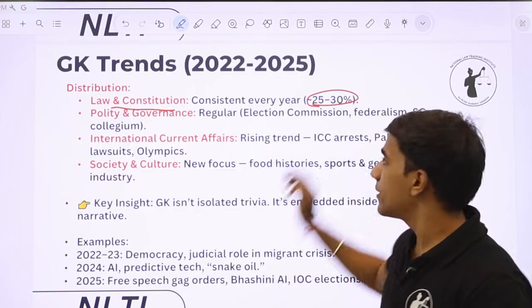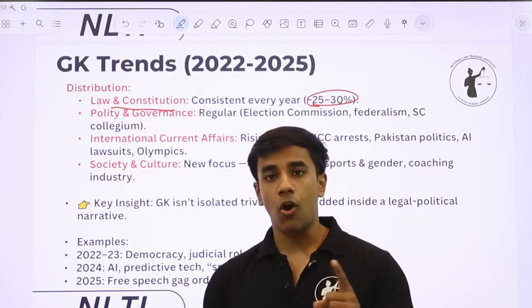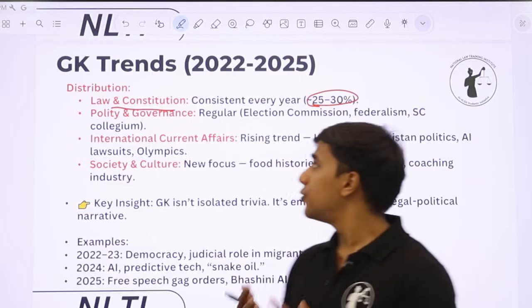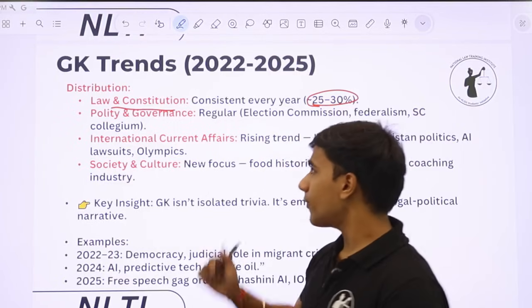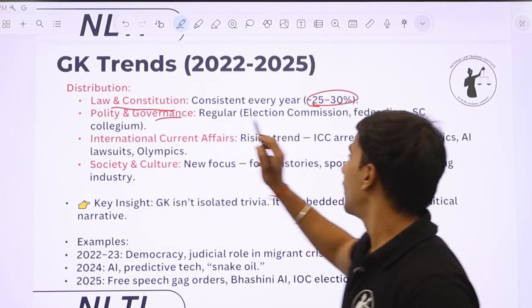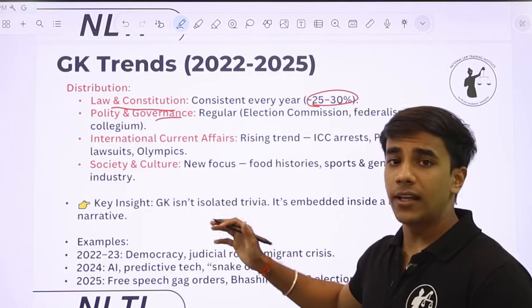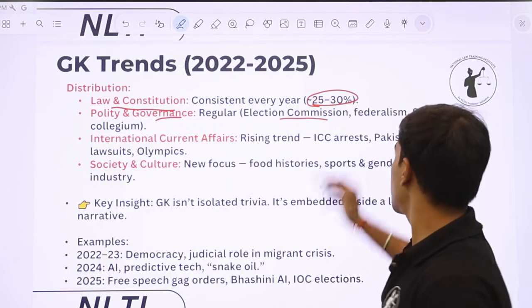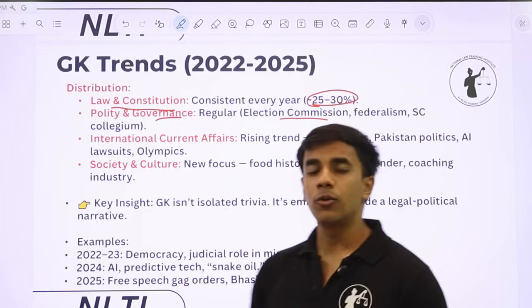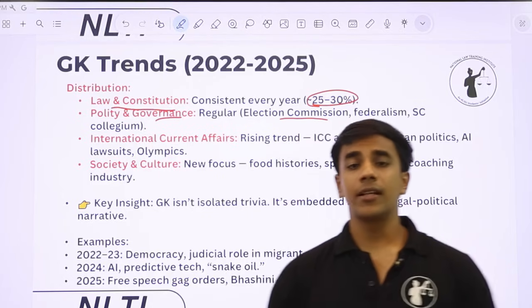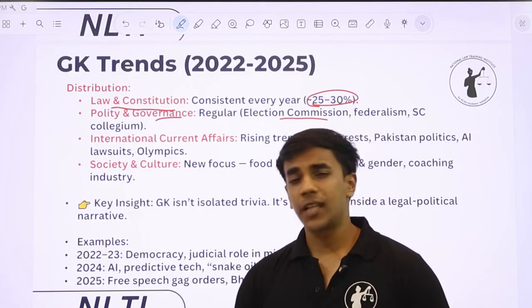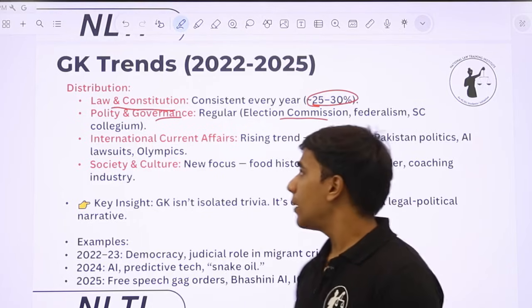Around 25 to 30% of questions are related to law, governance, judiciary, or constitution. Similarly, polity and governance are a regular citing in the paper: questions related to the Election Commission, federalism, the Supreme Court, the collegium system. All these things are again regular sightings in the NLSAT paper.